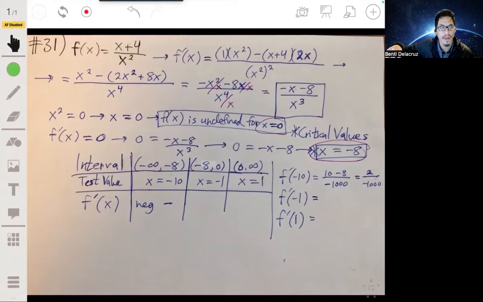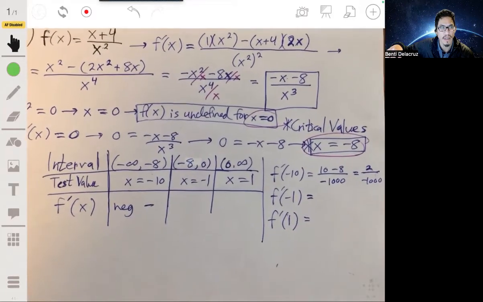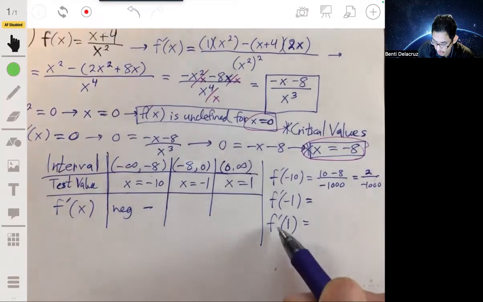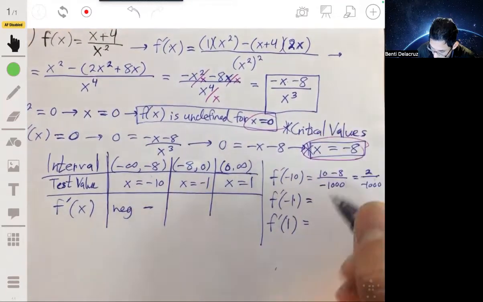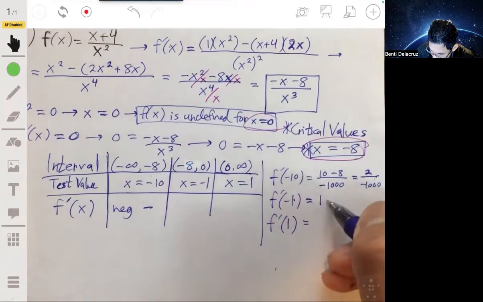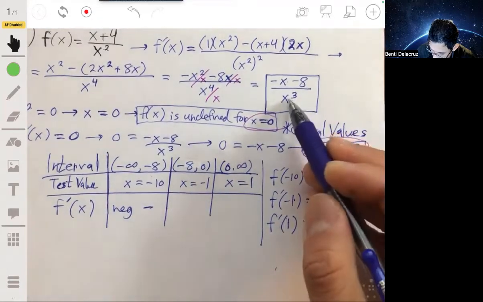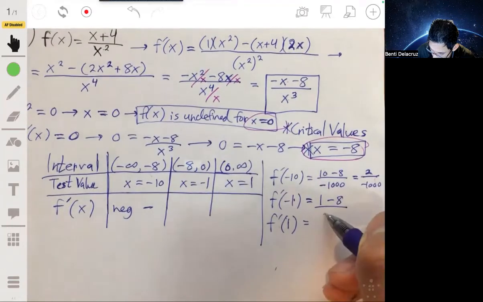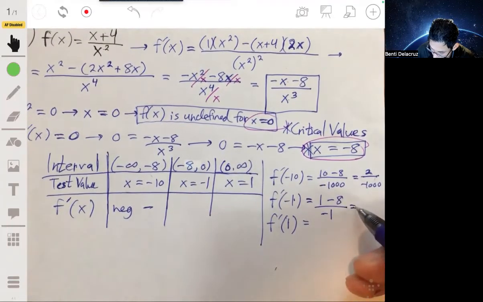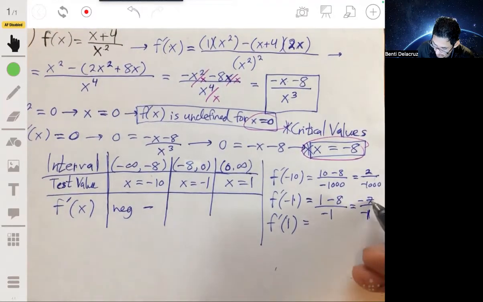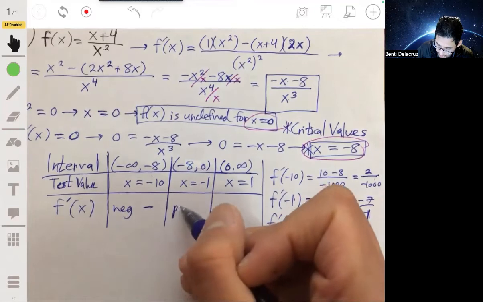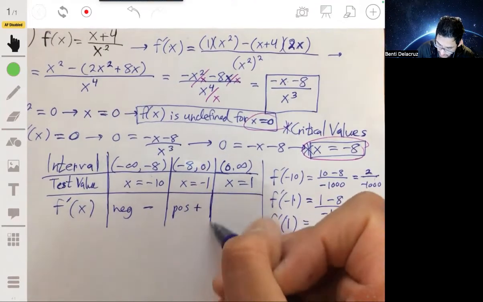Next, I'm going to look at what f prime of -1 is. So plug -1 into here. I'll get 1 minus 8 over -1 cubed, which should just be -1. I'll get -7 over -1. And negative over negative makes a positive. Again, I don't even need to find the exact value.